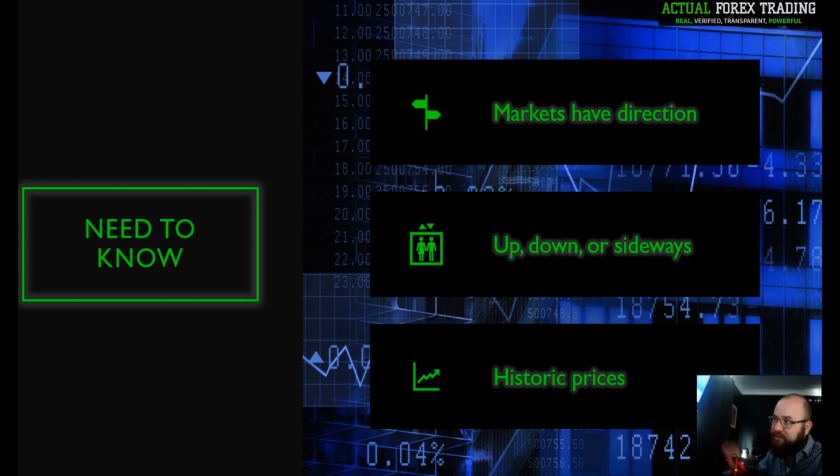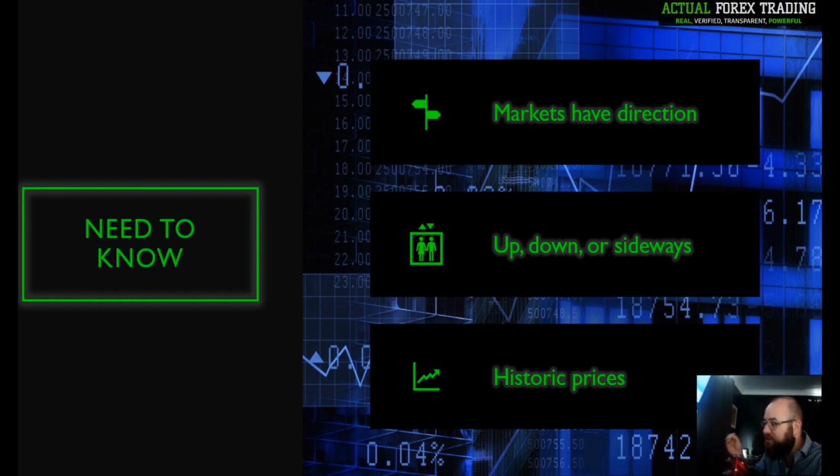So price moving sideways. If a market is not moving up or down, generally it's moving sideways. Once again, this is all based on historic price data. So to identify the current direction of a market, a currency pair, a stock, or any financial instrument, any financial market, we have to look at historic price data.